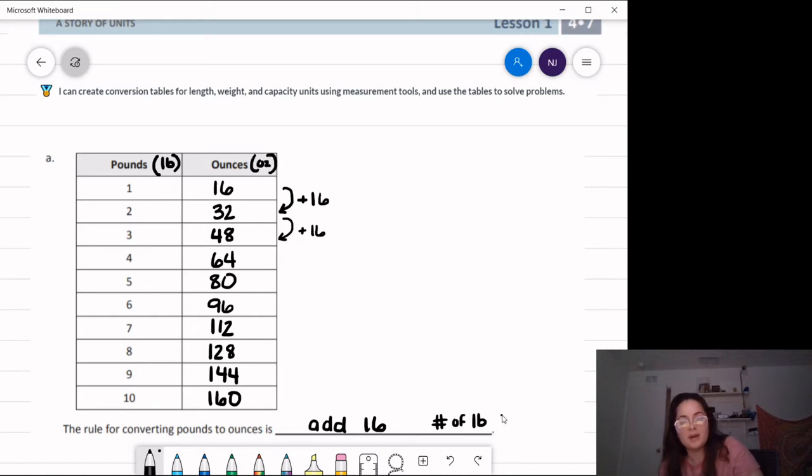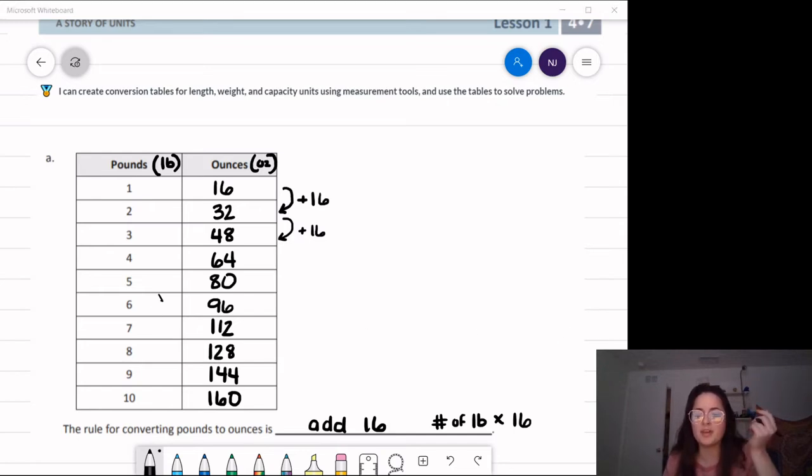So the number of pounds times 16, because 16 times 1 is 16, 16 times 2 is 32, 16 times 3 is 48. So it's kind of like we're taking the number of pounds and multiplying it times 16. So either of those would work.